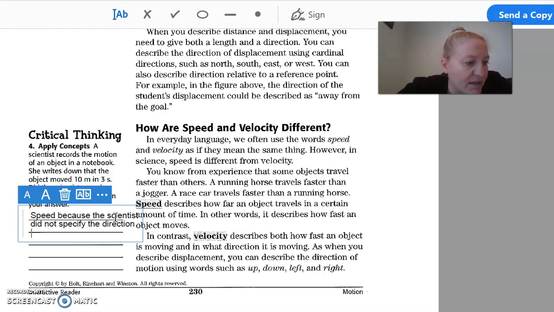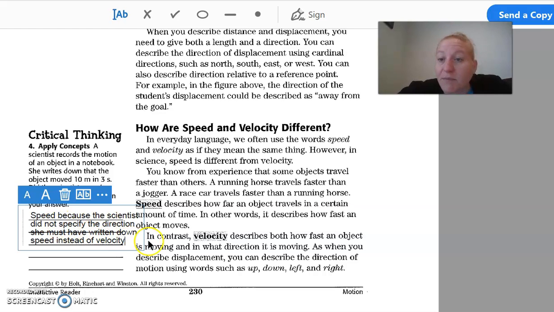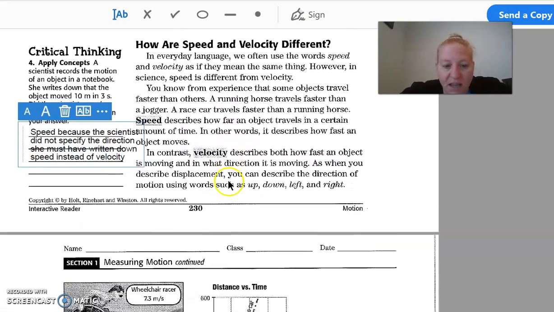We know that it is speed and not velocity because she did not give a direction. Now, if she had said she went 10 meters east or left in 3 seconds, that would be velocity.